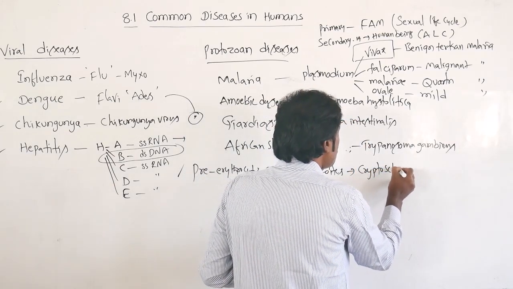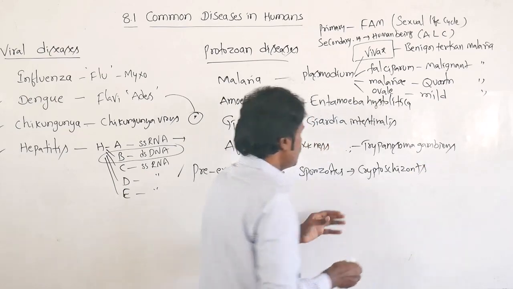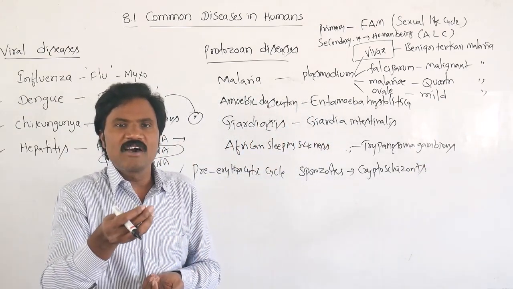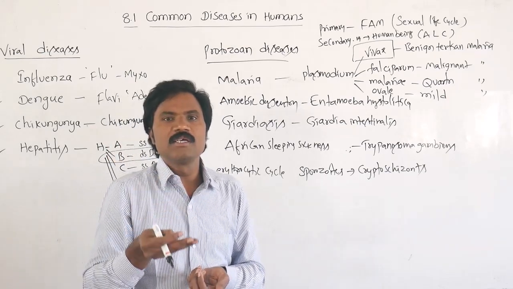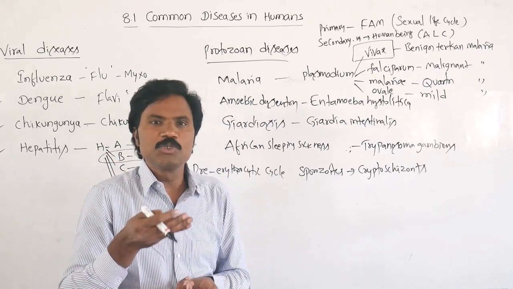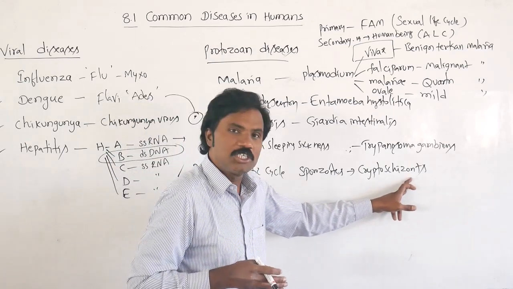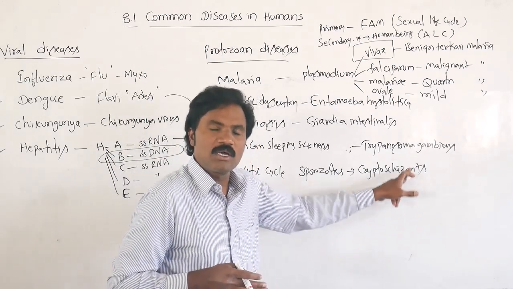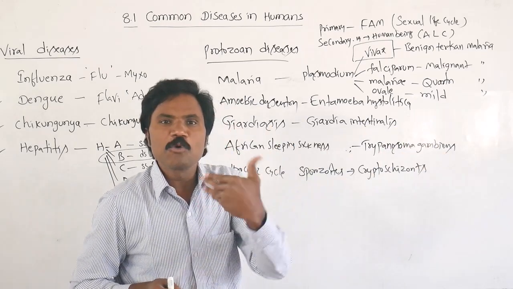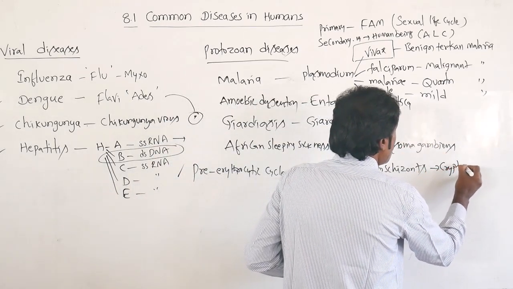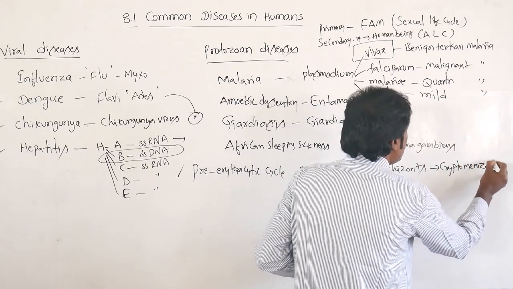cryptoschizonts. That means it increases in size while feeding on the epithelial tissues present inside the liver. The cryptoschizont then converts into cryptomerozoites.